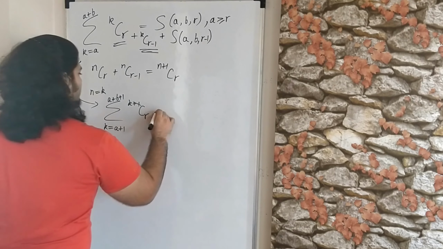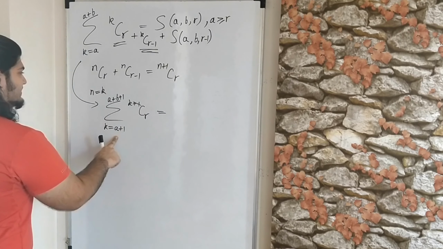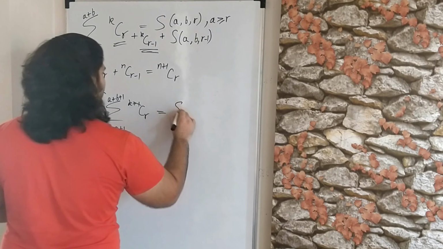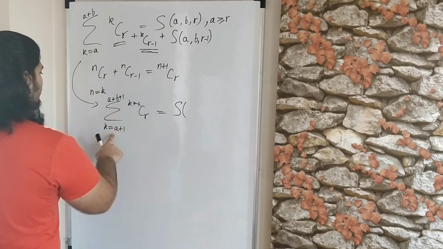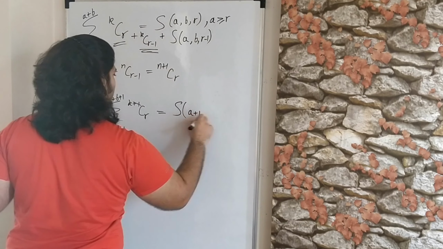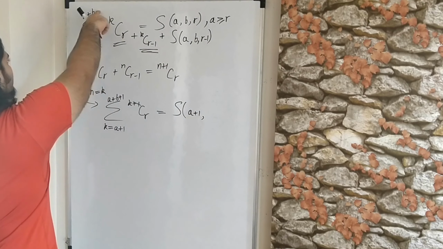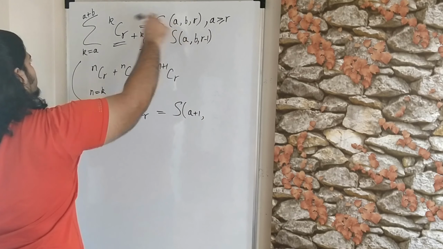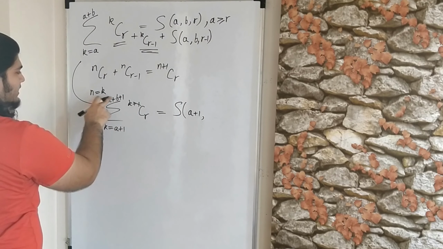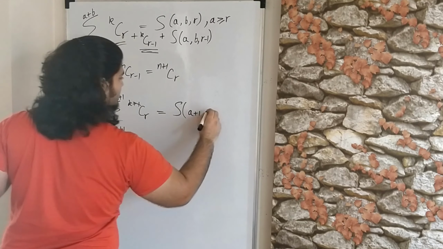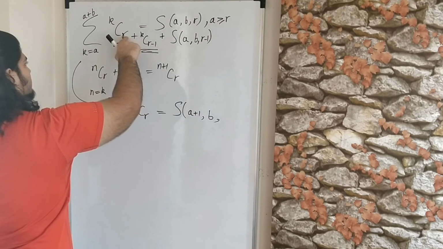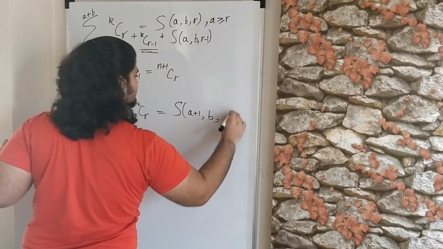And now notice the cool thing, because this is also s of something. What is that something? Let's see. S of, now the lower bound goes over here, so this is a plus 1, and the upper bound minus the lower bound goes over here, so a plus b plus 1 minus a plus 1, so b, and over here r goes in there.